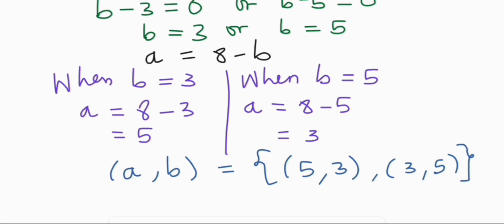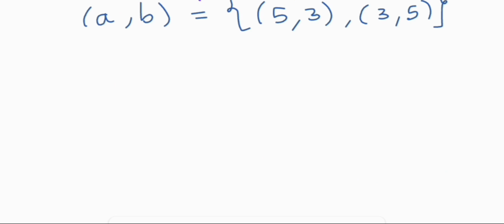Now that we have the solutions for a and b, we can make use of equation 2 to get the values of c. Recall that equation 2 is 7a plus 2b equals c.